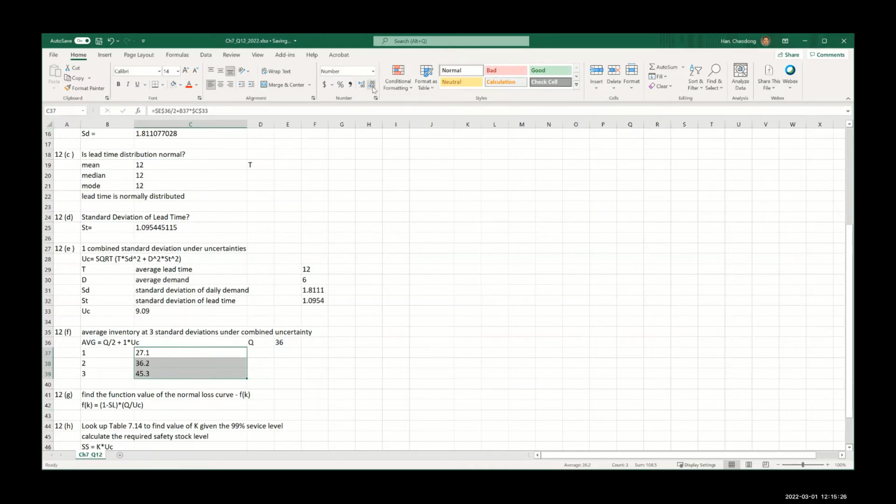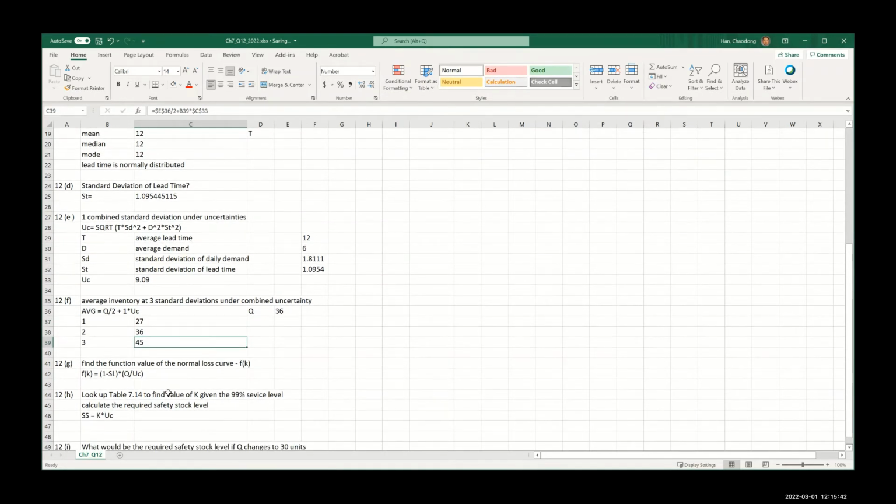Average inventory level is about 27 under 1 standard deviation, 36 units under 2 standard deviations, 45 units under 3 standard deviations. Find the function value of the normal loss curve Fk.